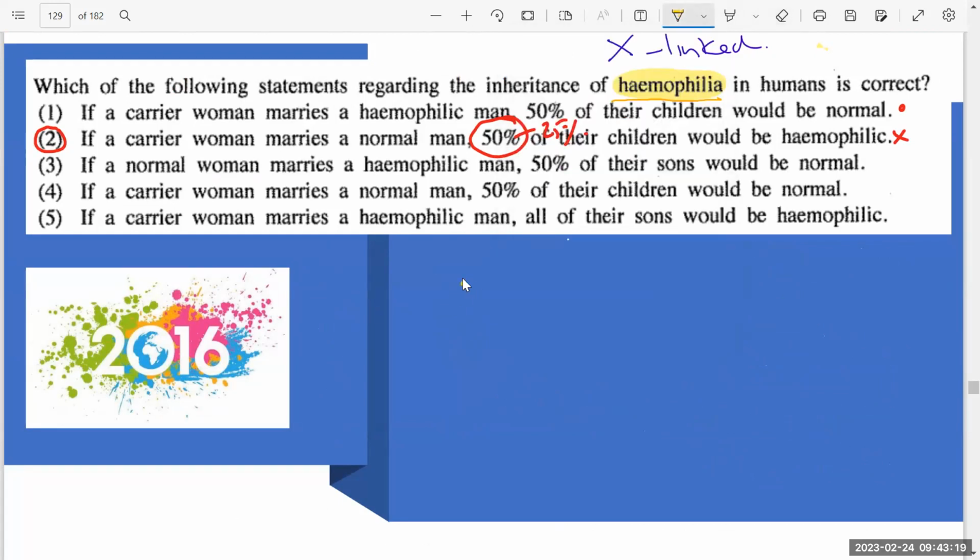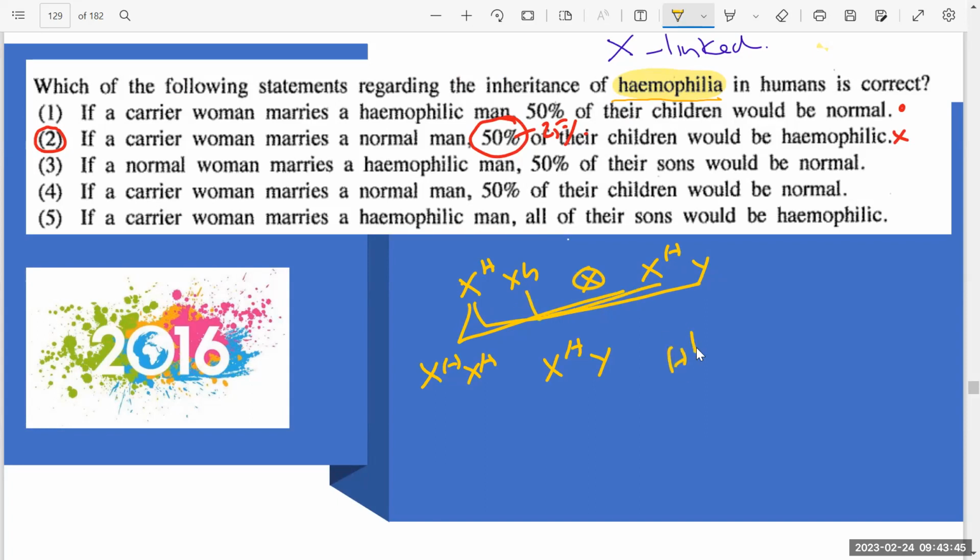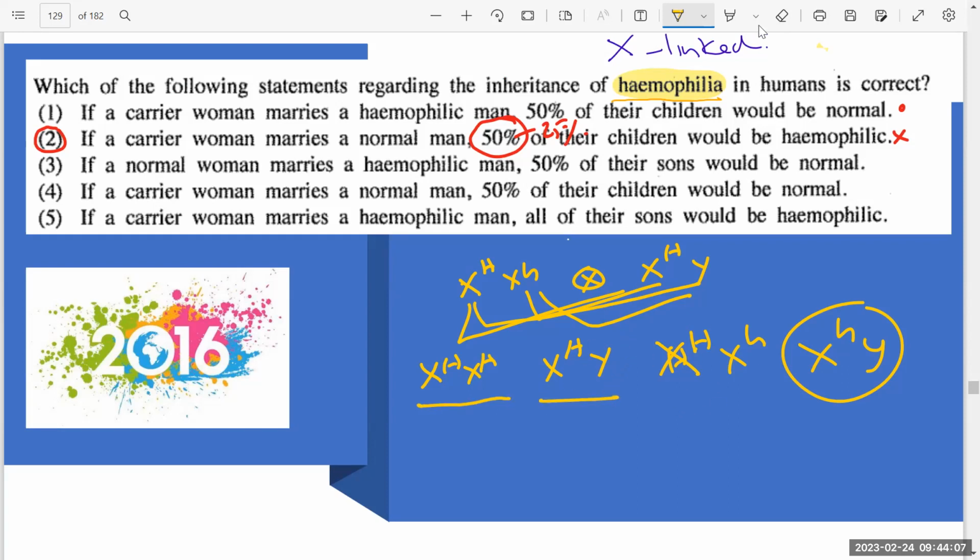A carrier woman is X capital H, X simple h, and a normal man is X H Y. So X capital H X capital H, X capital H Y, and X capital H X simple h, X simple h Y. This one is normal, this one is normal, this is a carrier, and this is affected.